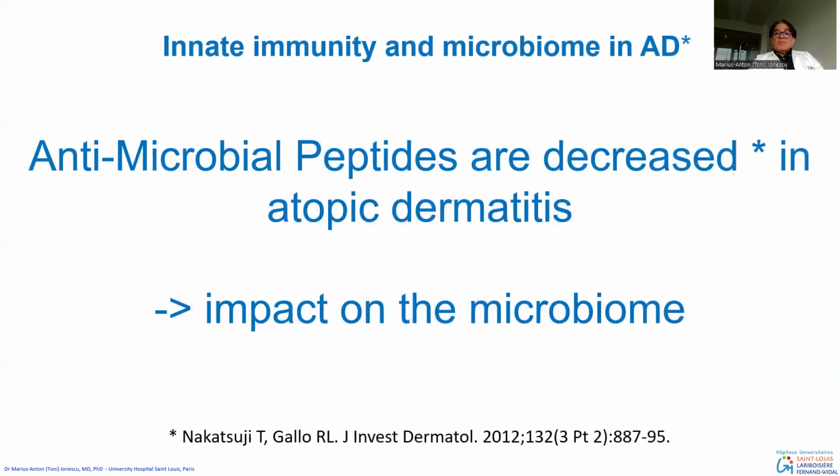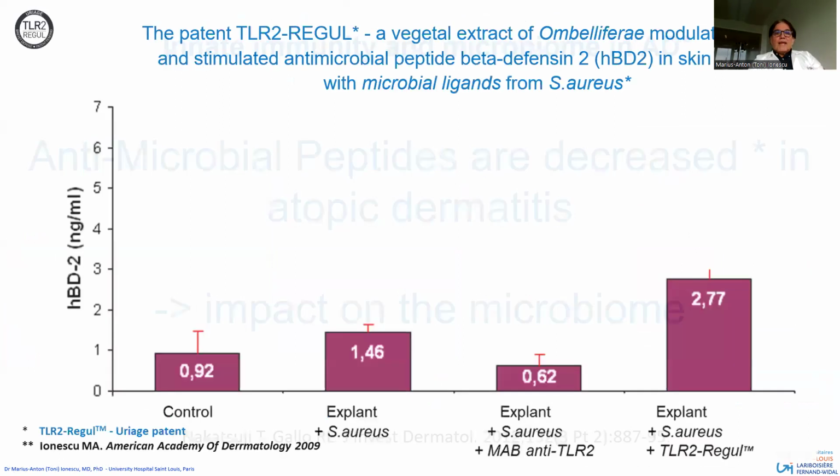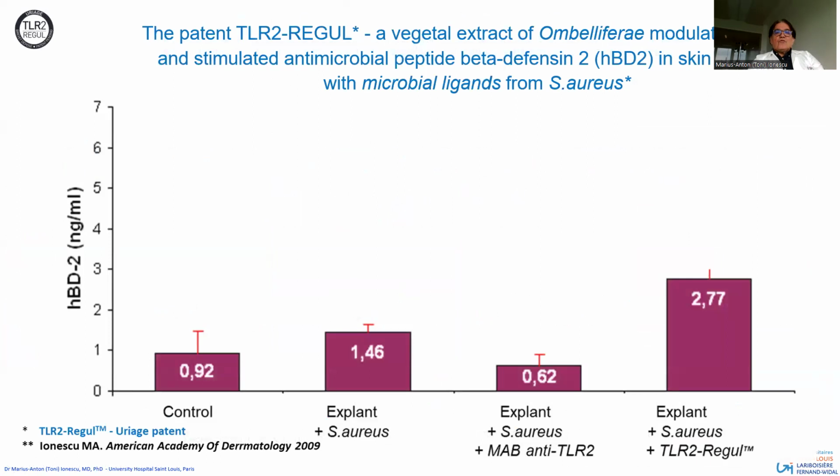So the antimicrobial peptides are decreased in atopic dermatitis, and this has an important impact on the microbiome. We also used a patent which, in contact with the skin, in contact with Staphylococcus aureus ligands, allowed the increase of the human beta defensin 2 in the skin.